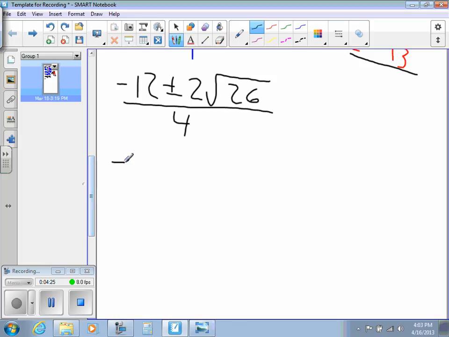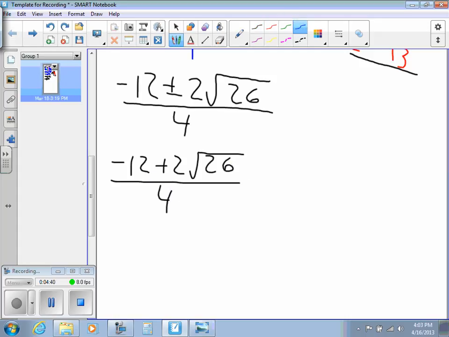So we'll do negative 12 plus 2 times the square root of 26 over 4, right here, and over here, negative 12 minus 2 times the square root of 26 over 4.